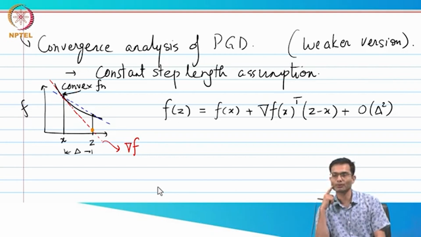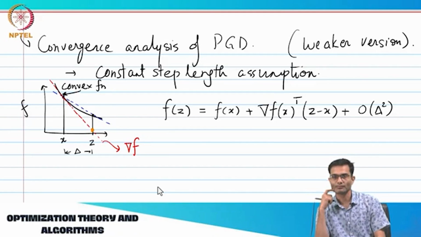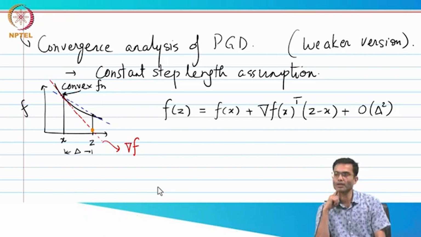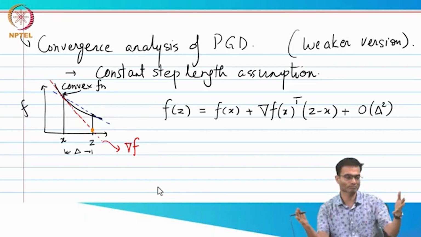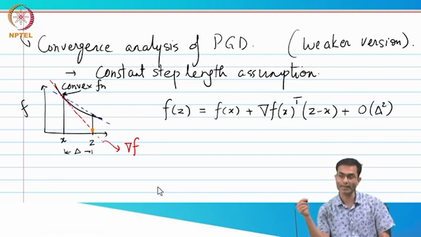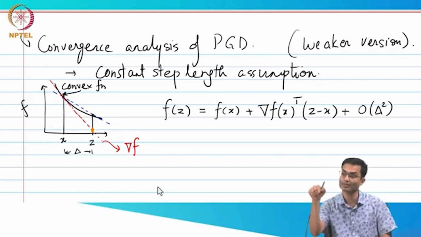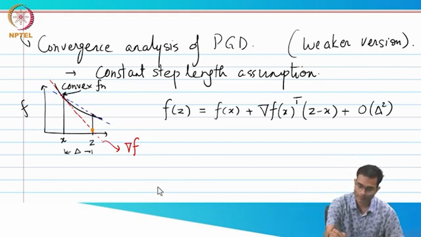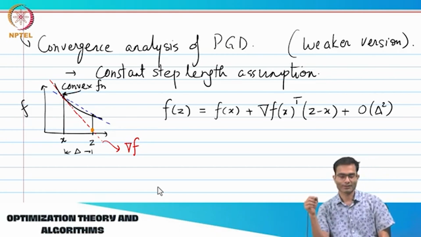In terms of its value, what would you say? That's correct. Anybody else want to take a guess? How do I arrive at this orange point from what I have already described so far? Grad f of z? No, grad f of z would be the tangent at the point z. Grad f of x into delta.